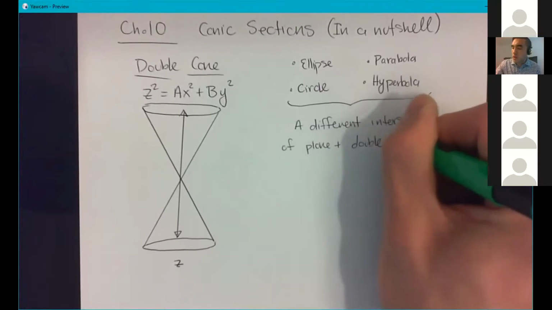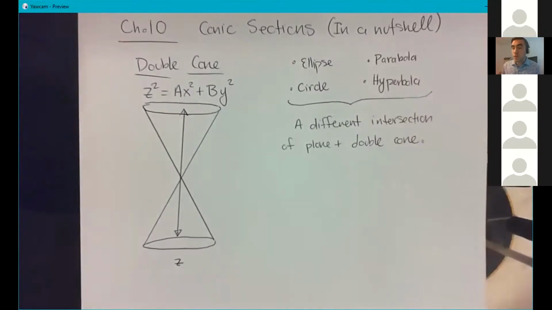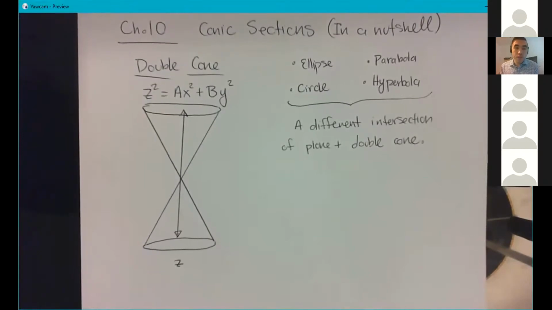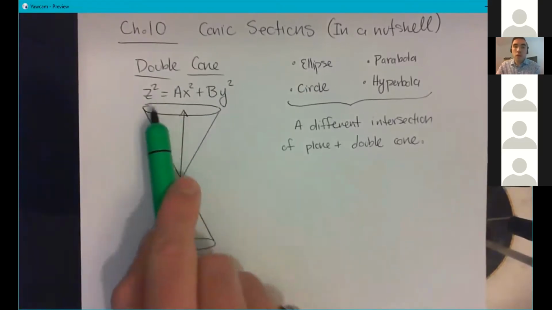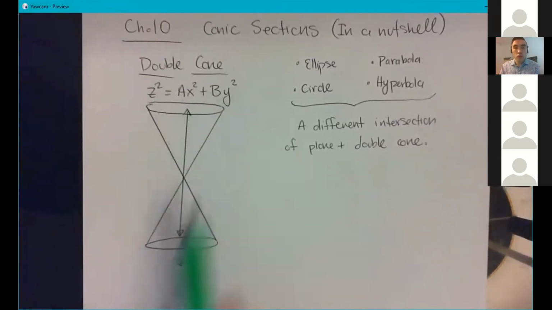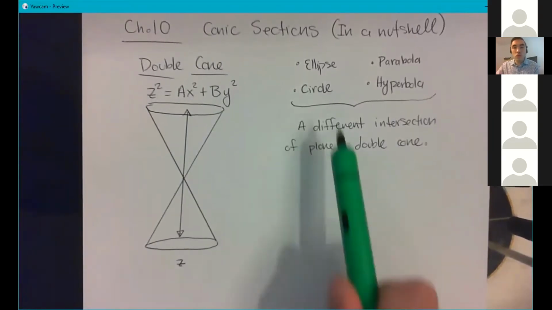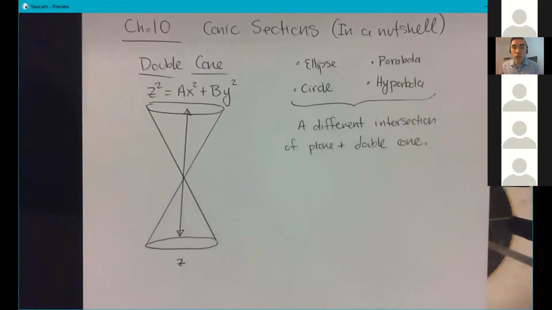And the same way that you solve out an equation to see where two functions cross each other by setting them equal, you would do the same thing here. The only thing is that the direction of the plane determines it, right? You take the equation of a plane, you have it intersect with this equation for the double cone, and depending on the properties of that plane, it will then reproduce one of these four equations.